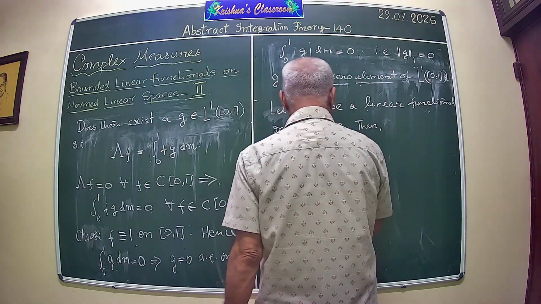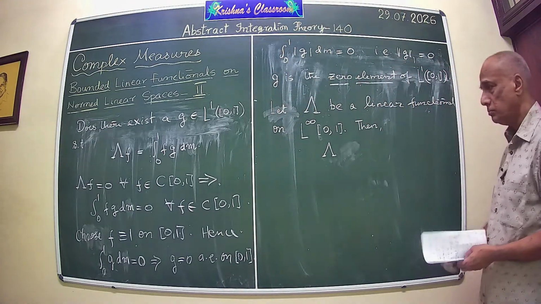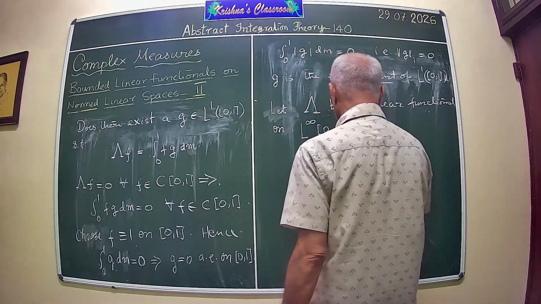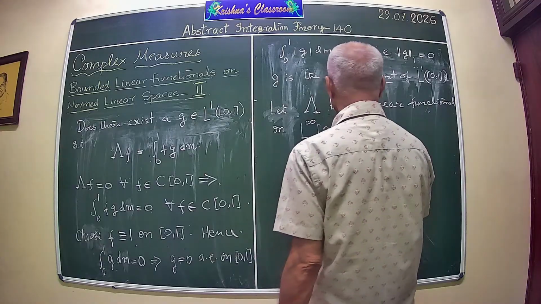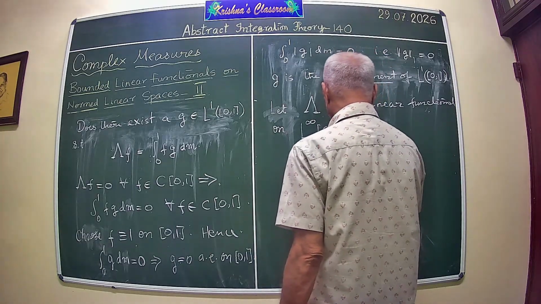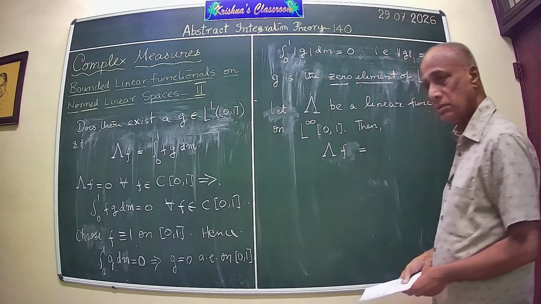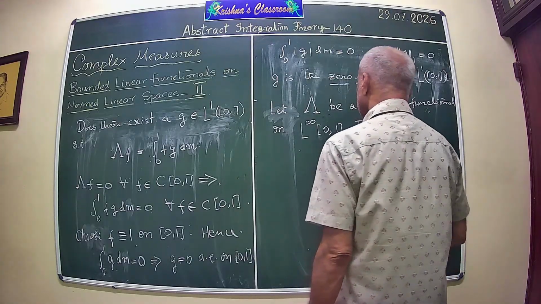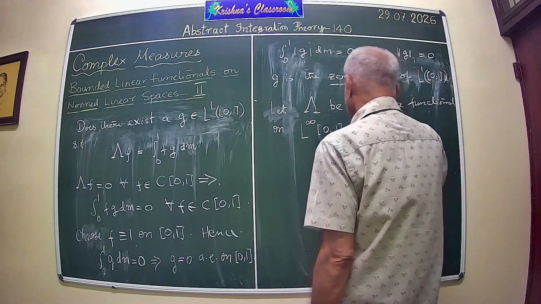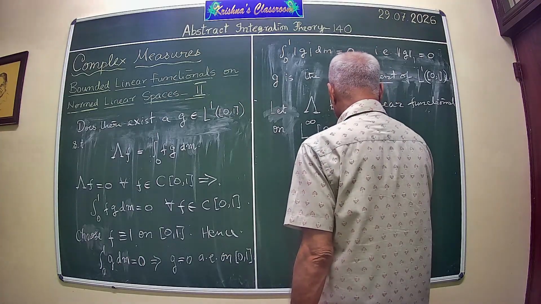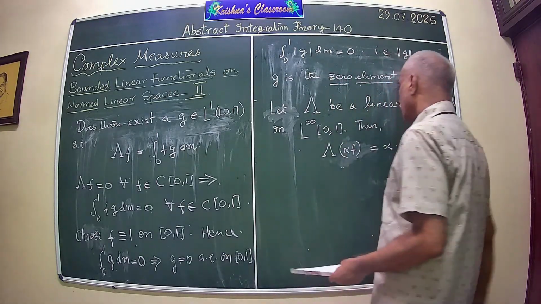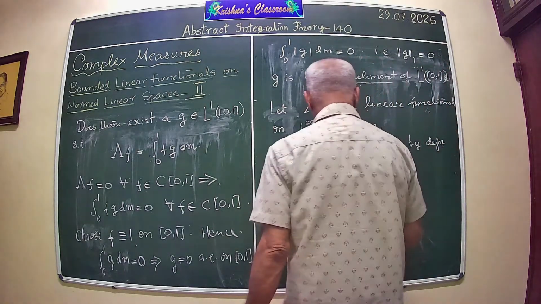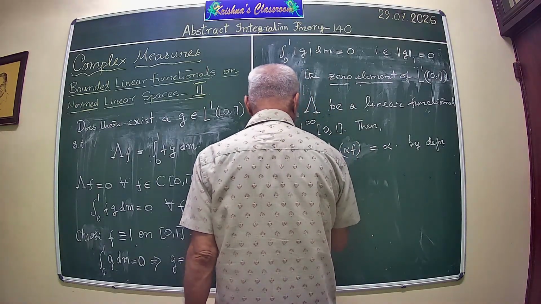Lambda of the constant is equal to alpha by definition, where alpha we can choose.